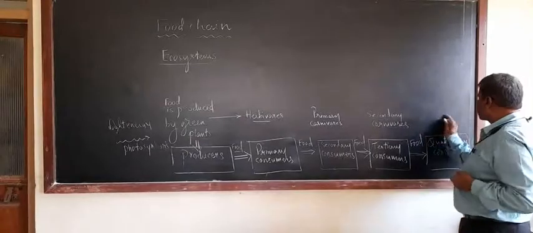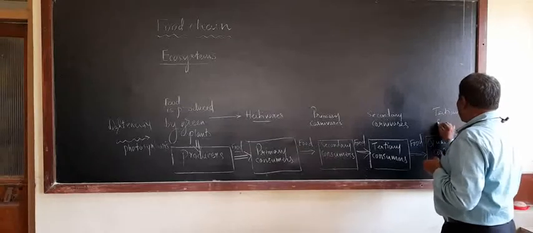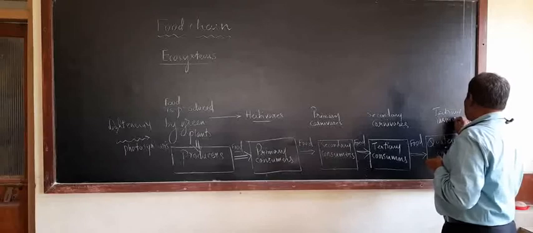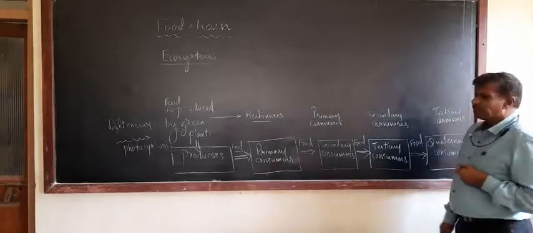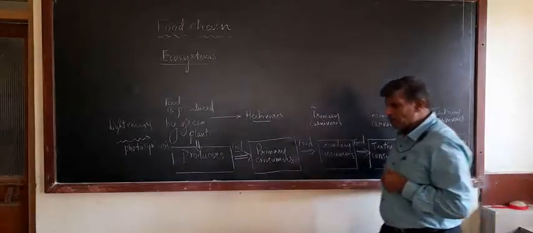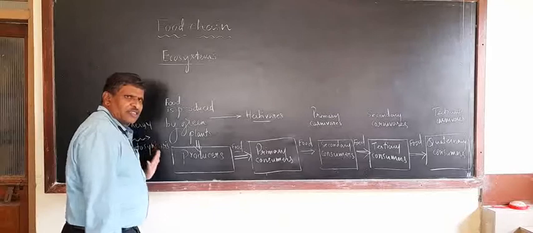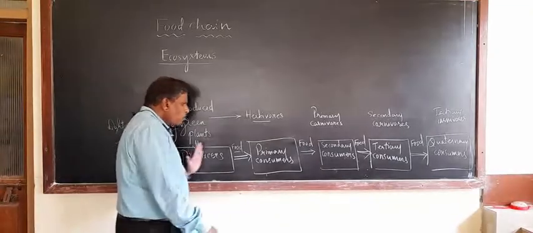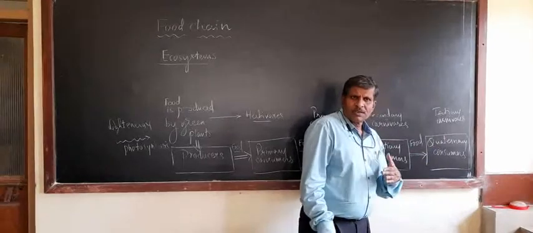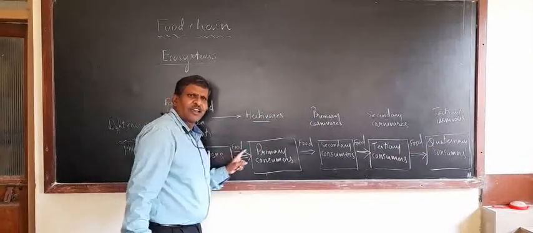And these quaternary consumers are usually considered as tertiary carnivores. Well, that's it. Simply what happens is, transfer of food takes place from producers to consumers of various levels by means of repeated eating and being eaten up.